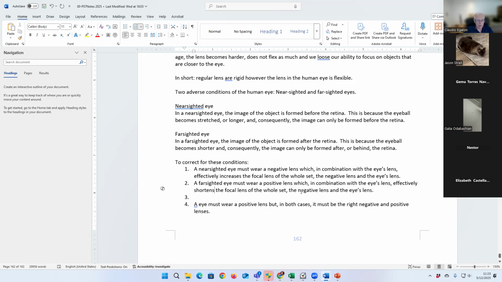The positive lens and the whole set, I mean, the positive lens and the eye's lens. The positive and eye lenses. Like that. Better, right?